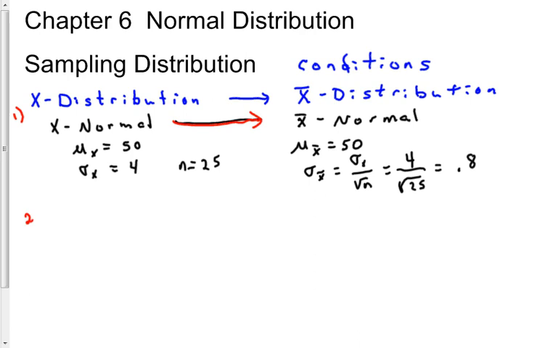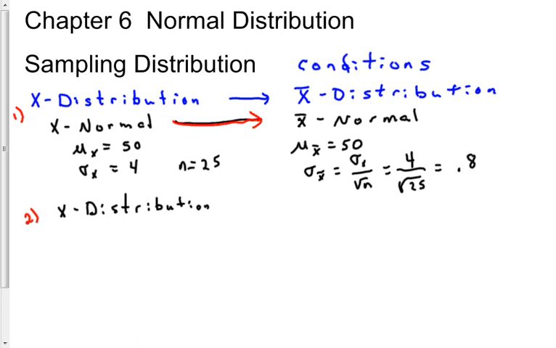A second case, we just have any type of distribution at all. Just a collection of data points. We don't know if it's normal, we don't know if it's Poisson, we don't know if it's binomial, it's just a collection.